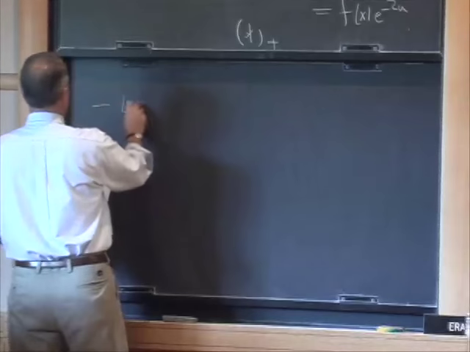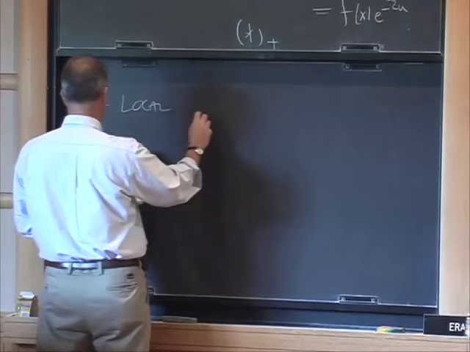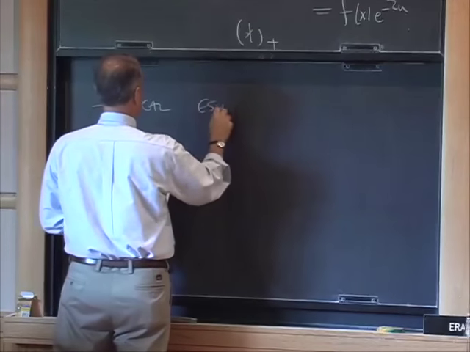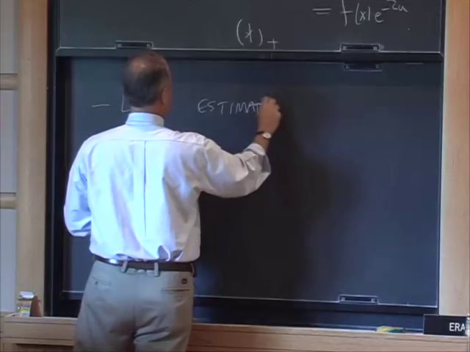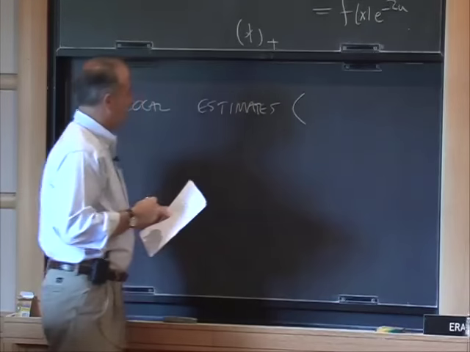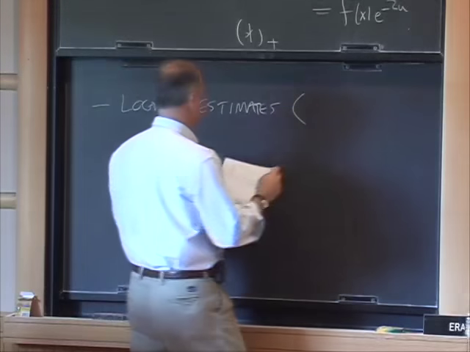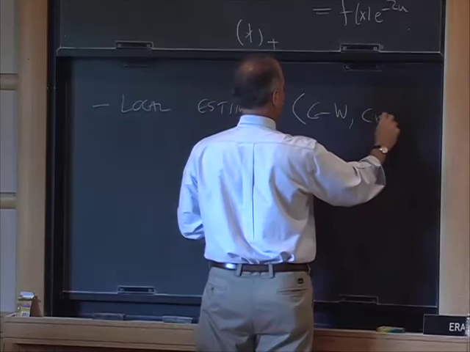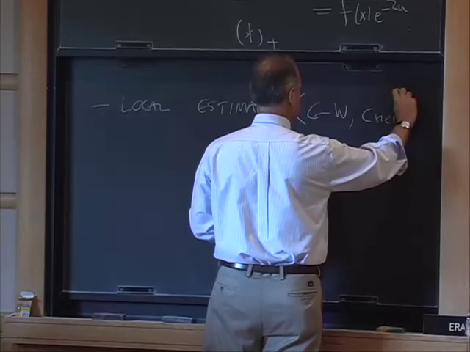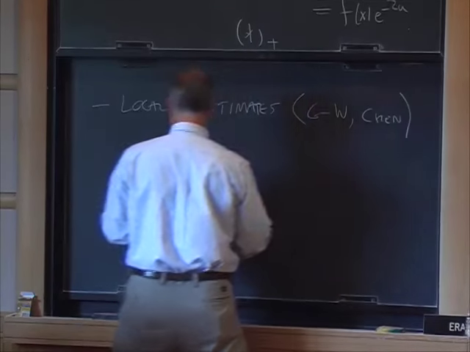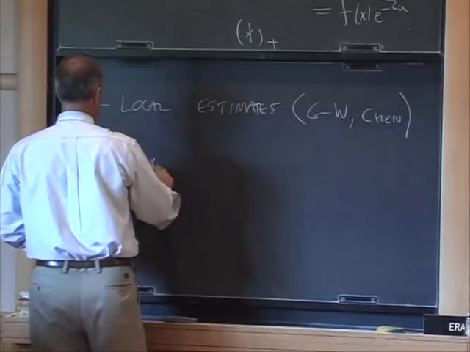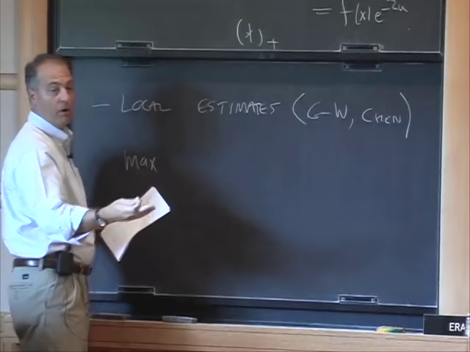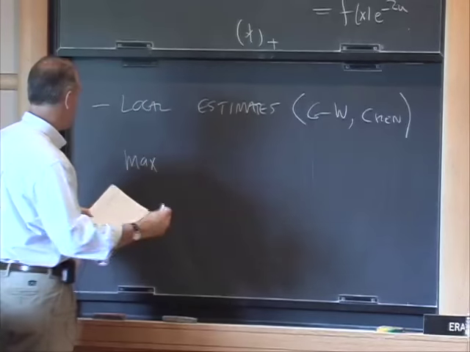Okay, so key in the study of these equations are certain local estimates that I stated last time. I'm going to be using them all throughout today, so let me just write them down one last time. These are due originally to Guan Wang, and again, another simpler version and extended by Sophie Chen. They say if you control a one-sided bound on a ball, you control higher order derivatives on the half ball.